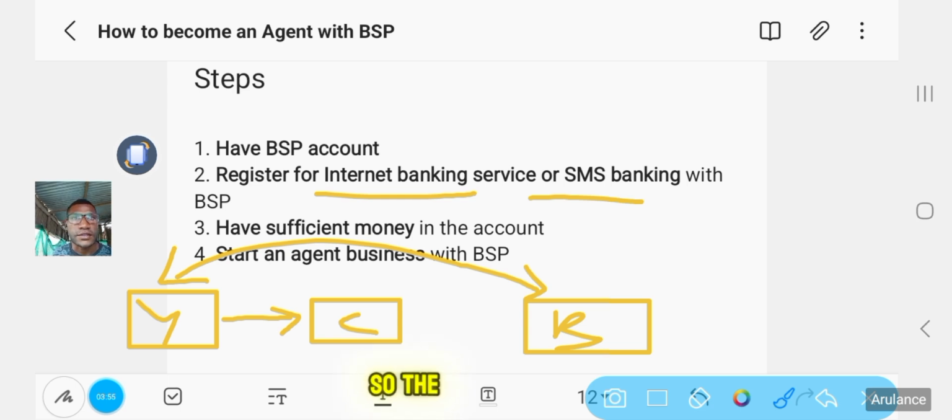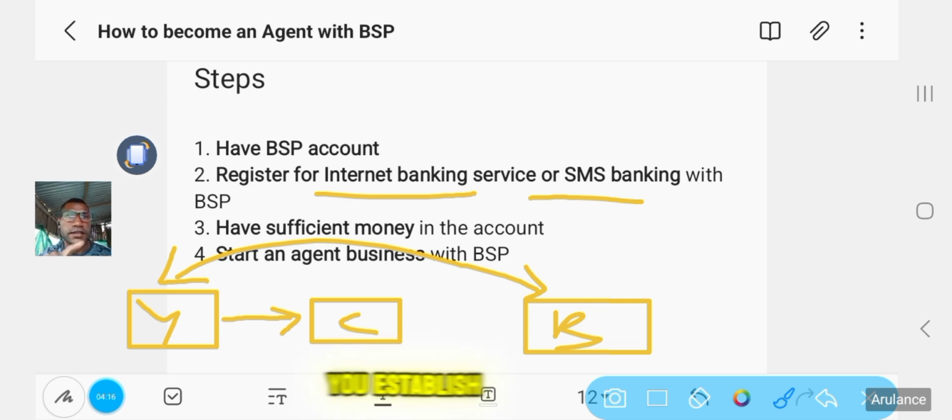The problem in Papua New Guinea is that sometimes banks become very tiring, especially when the bank is full.